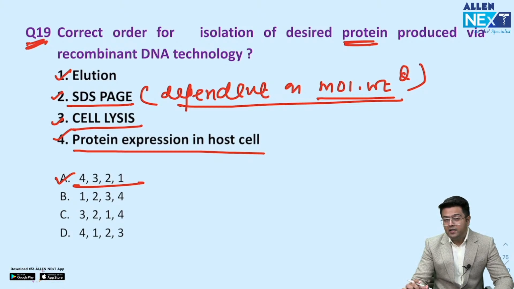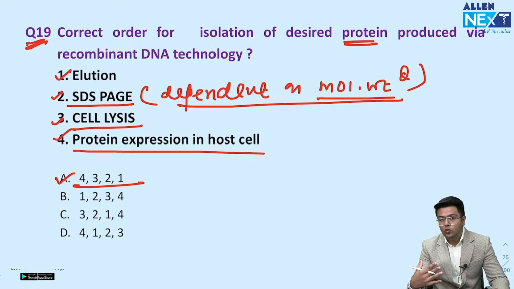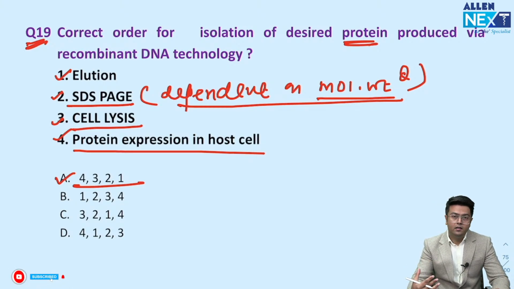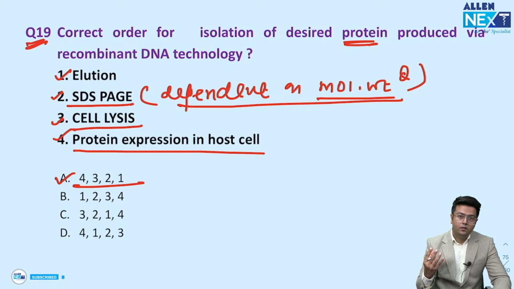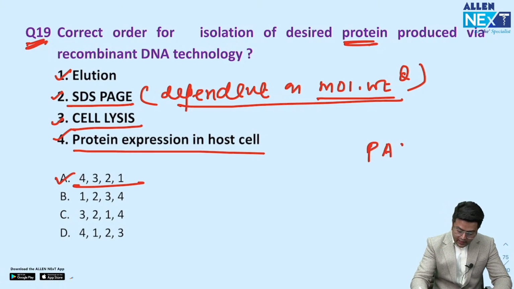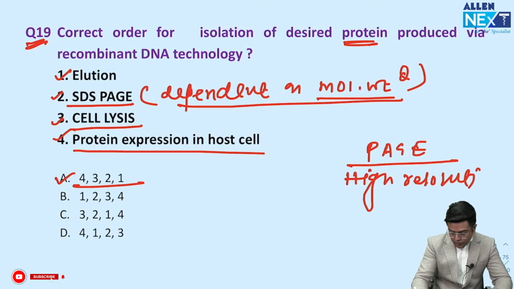That is one of the best types of electrophoresis to identify DNA with small differences. High resolution means DNA which differs in only a few base pairs can be identified by the PAGE, polyacrylamide gel electrophoresis. So that has a very high resolution for DNA separation.